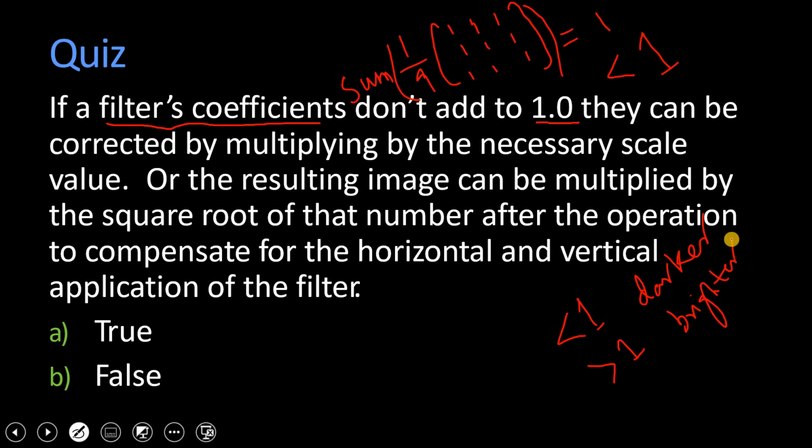Remember, in image processing we don't want to disturb the image. Making the image darker or lighter is not good. That's why the filter should always sum to 1. That's why I told you that you divide by the total number of ones. For the Gaussian filter we divided by 16. Why? Because the total of the values over here is 16.